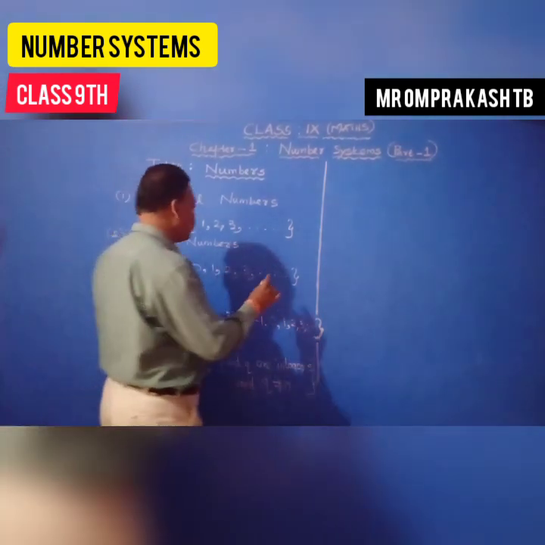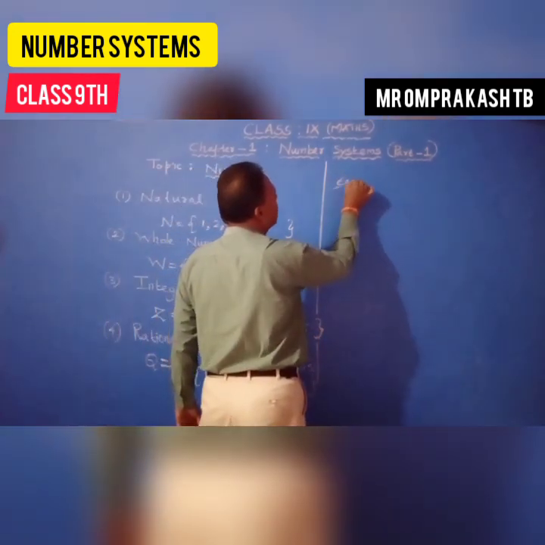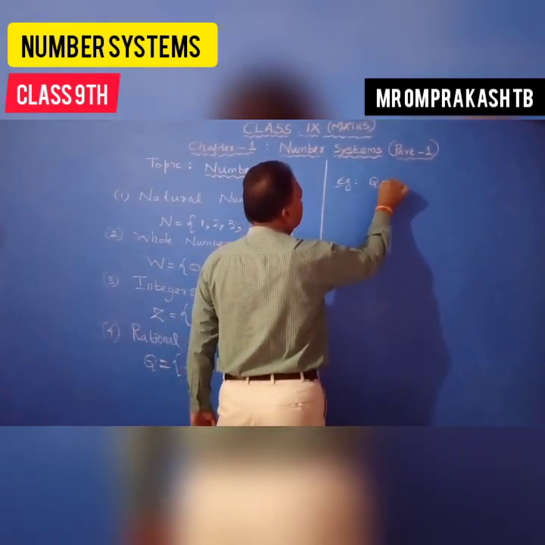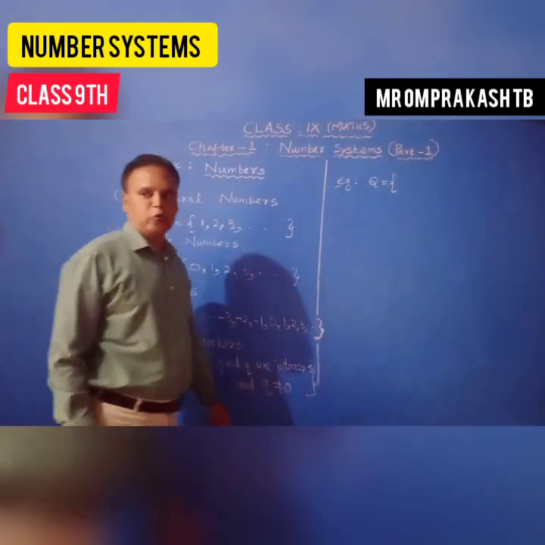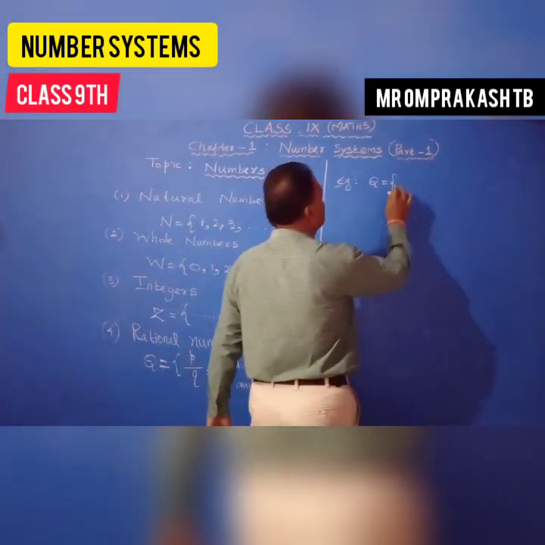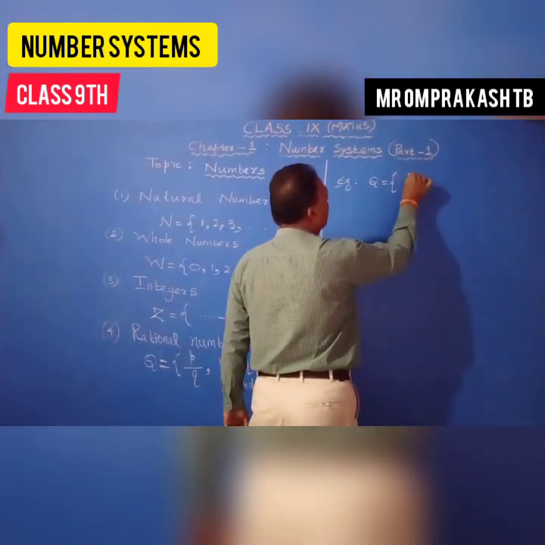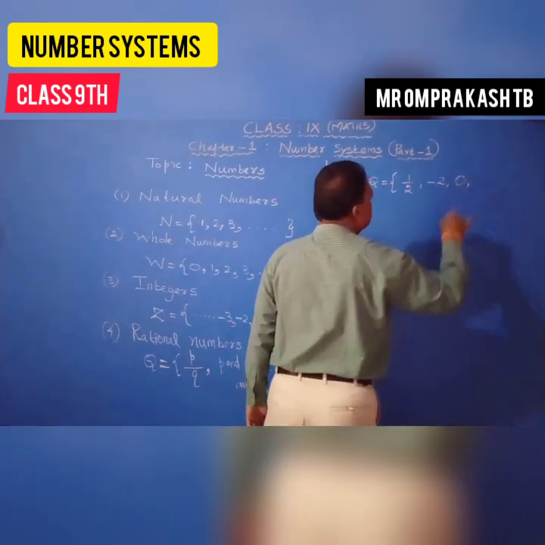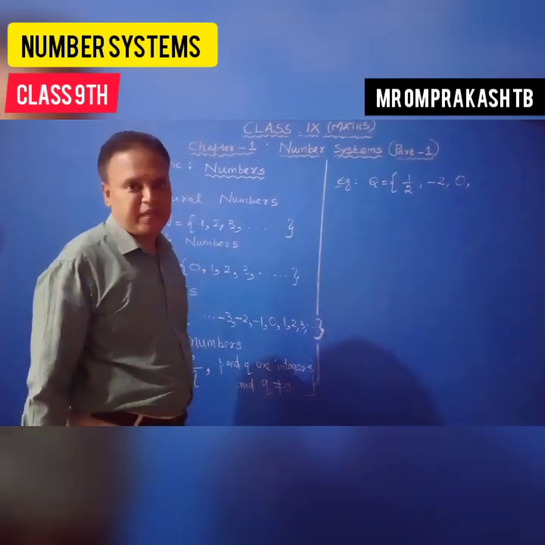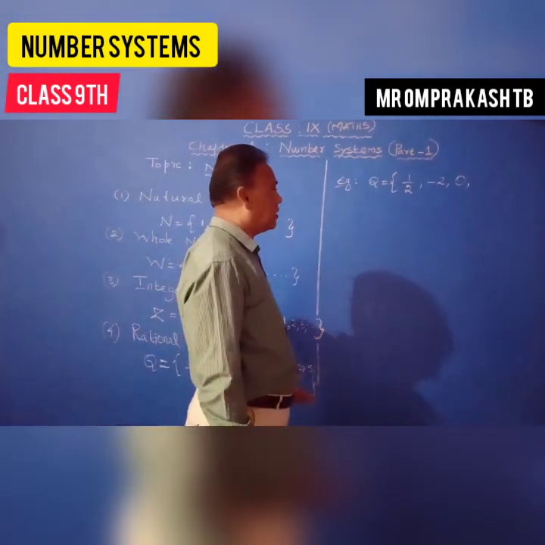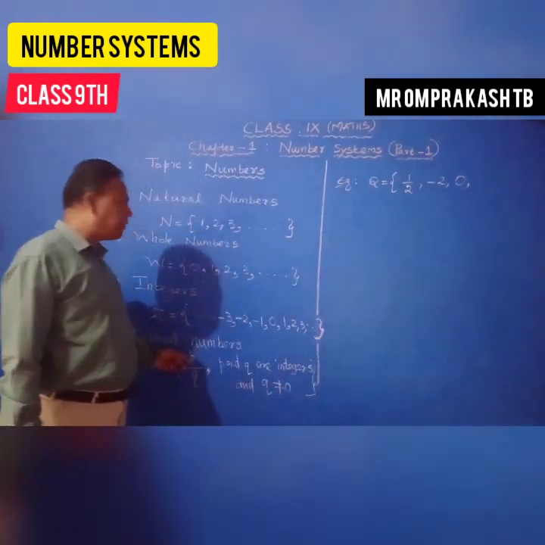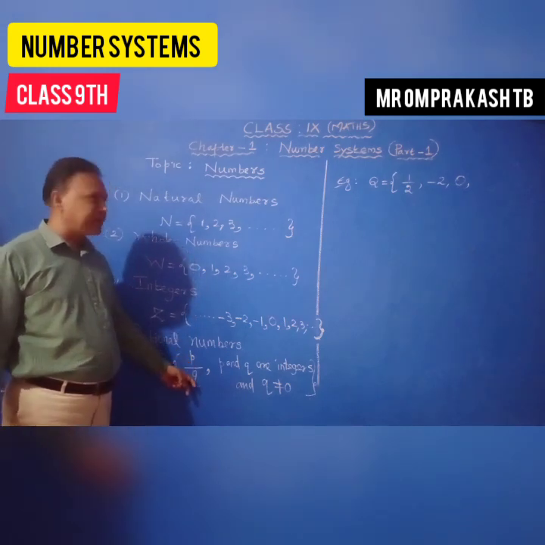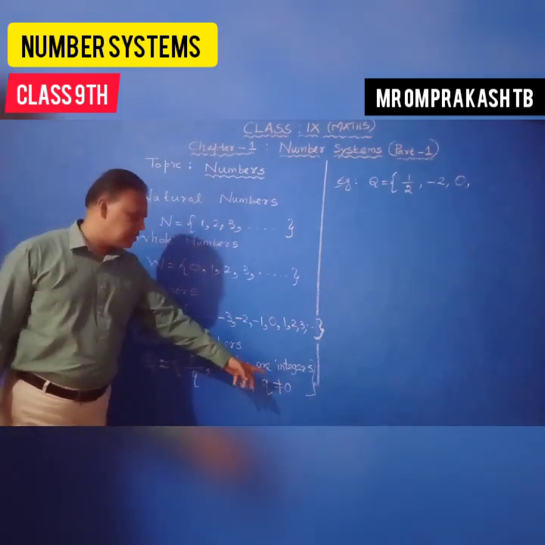For example, you see 1 by 2, -2, even 0 is also a rational number. Remember, 0 is also rational because the numerator P is 0, and for the denominator you can write any number other than 0.